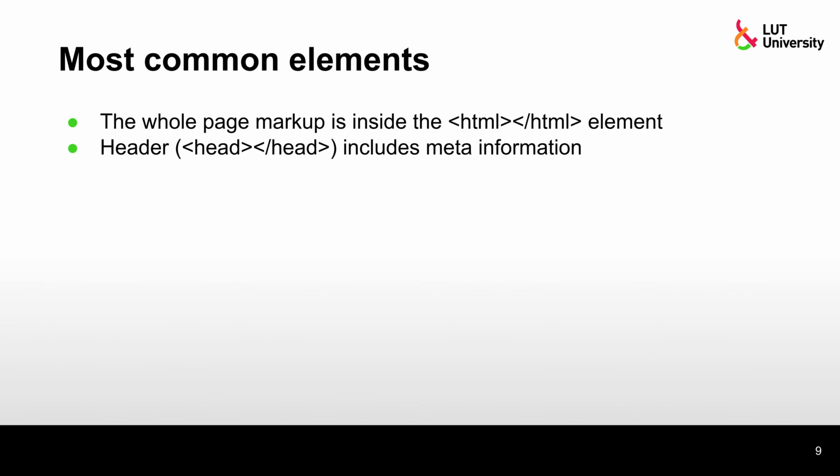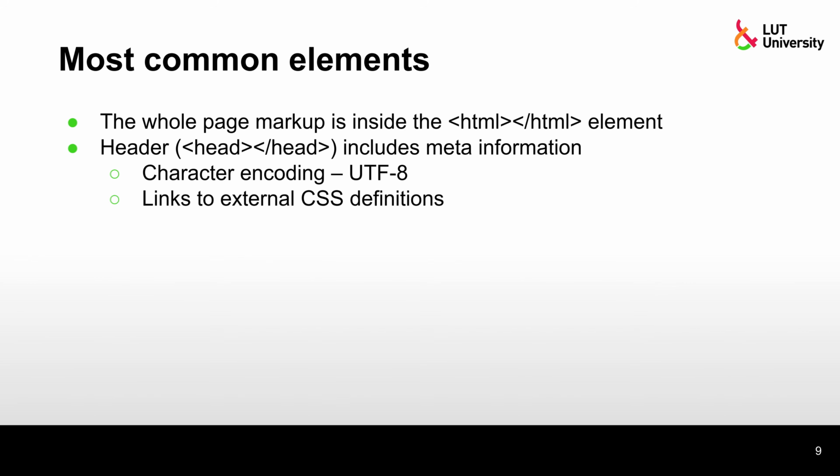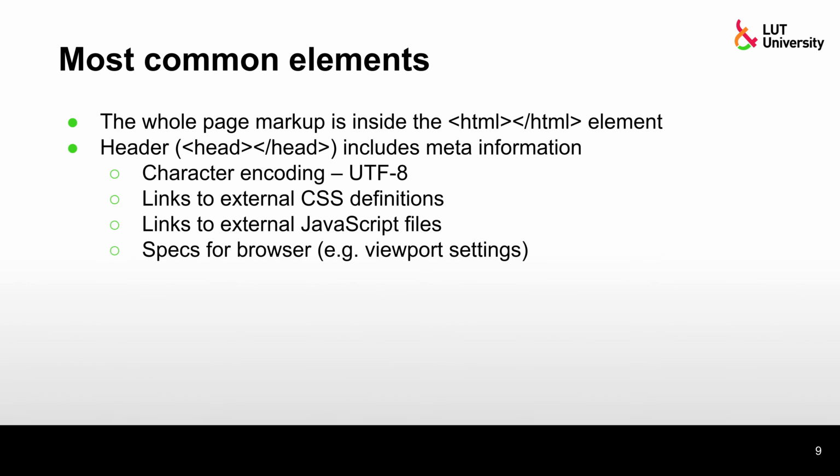So we are telling the browser that we have, for example, CSS files or JavaScript files and other definitions. For example, there is this character encoding. We usually use Unicode. And links to external CSS definitions, JavaScript files, and specs for the browser.